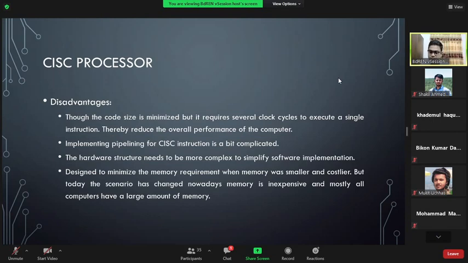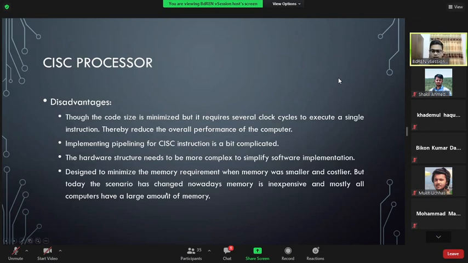You will learn more about pipelining in your microprocessor course, but very briefly, that's pipelining. Whenever you implement pipelining, it is a little bit difficult because one instruction requires more clock cycles, so it's difficult to manage the queue. And of course, the hardware should support this kind of code. That's why the hardware is also not that simple.